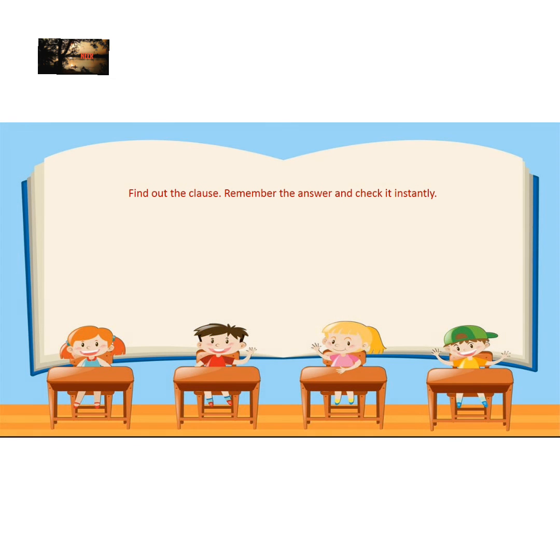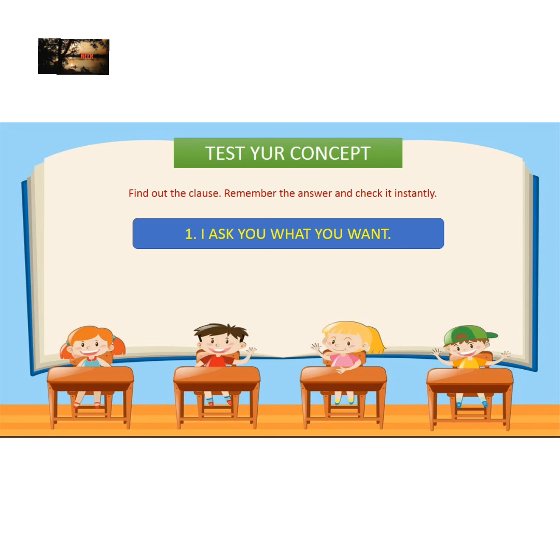Now let's check what you have understood. Find out the clause, remember the answer and check it immediately. The first question is, I ask you what you want. Second one is, tell me who did it.